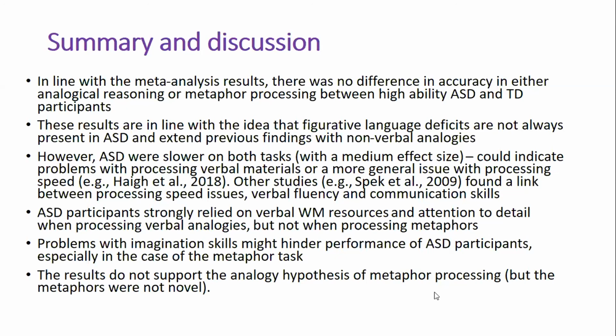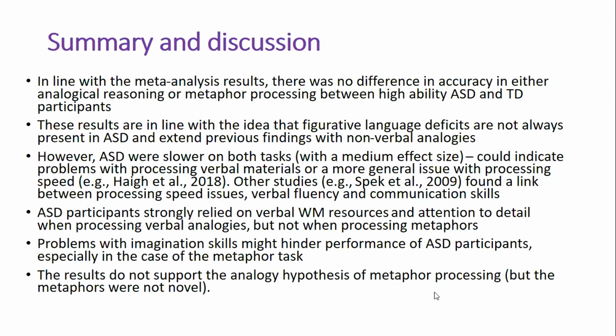So I guess these ideas are in line with the general idea that figurative language impairments are not always present in autism. This is in line with the changes of diagnostic criteria for autism, which no longer consider figurative language deficits as a core trait in autism or a core symptom of autism.